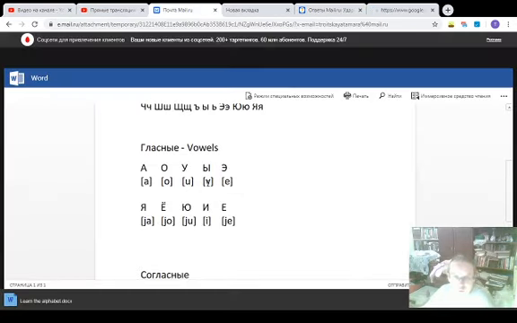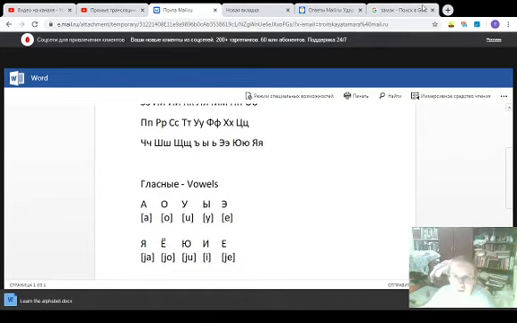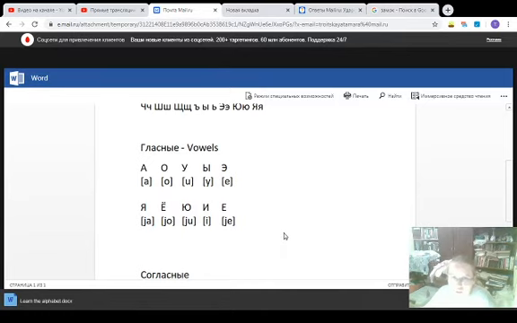Yes. So we have stress in the Russian language, and also we have some rules. For example, when we have the letter o and it doesn't sound like o, it sounds like a. This happens when the stress is not on the letter o.